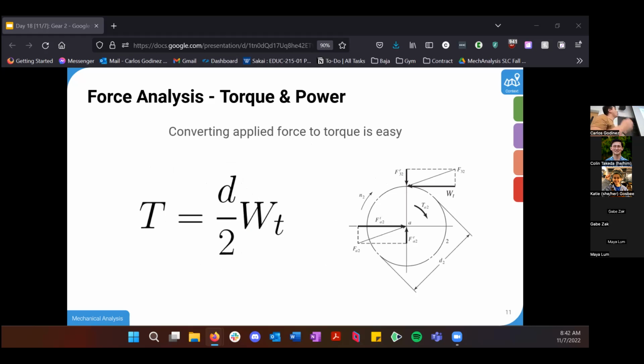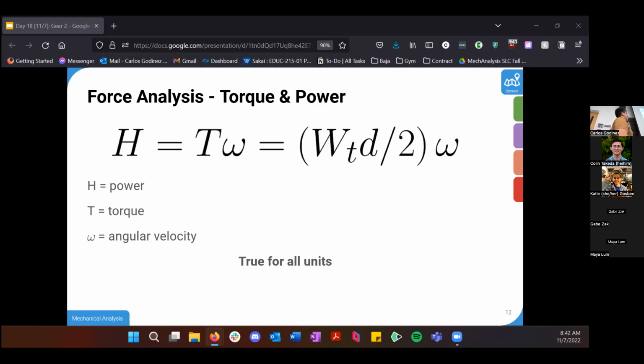Going from torque to power is also a pretty simple equation, and it's how a lot of gears and gear trains are rated, like what is your output horsepower or power for your gear set. Power, which in Shigley's they designate with capital H because P is usually reserved for pitch circle or diametral pitch, depending on whether you have capital P or lowercase p, is just your torque multiplied by your angular velocity.